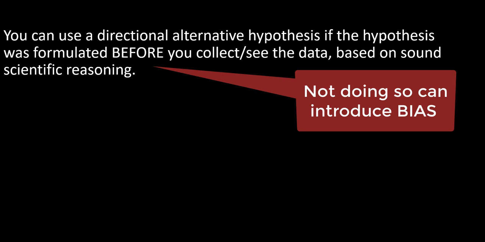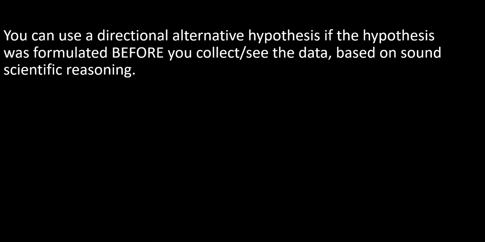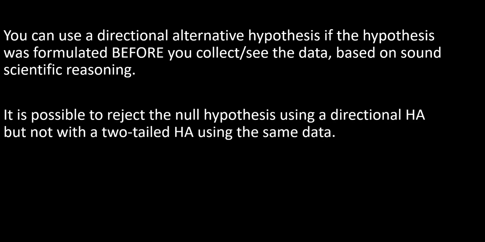That hypothesis should be founded on some expertise in the field, because we'll see in a moment that it's possible to reject the null hypothesis with a directional alternative hypothesis, but not with a two-tailed alternative hypothesis, even though you're using the same data. As such, that could increase the chance of making a type 1 error. And in a moment, we're going to look at an example of how that could be.